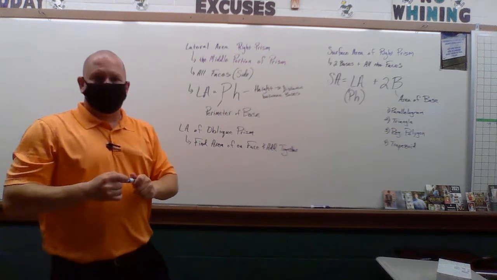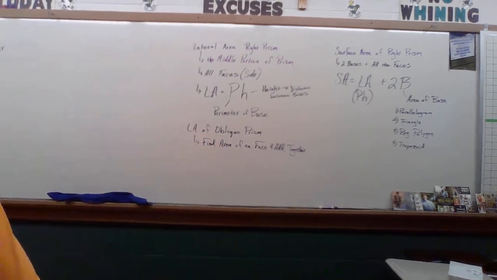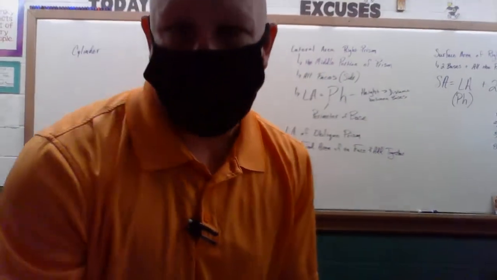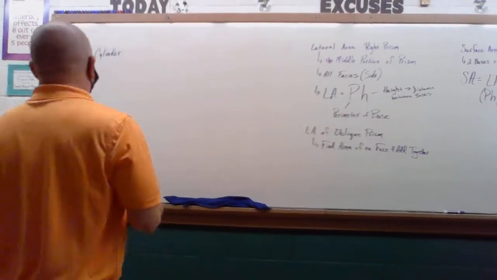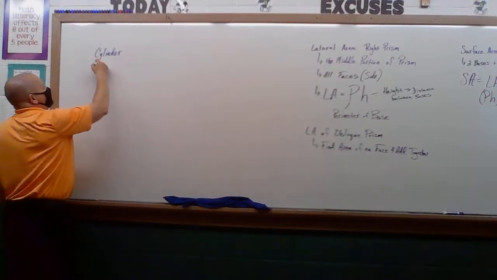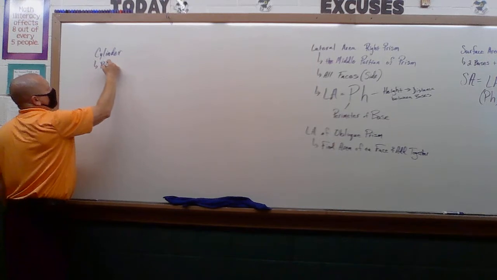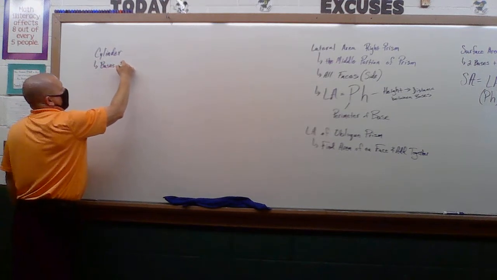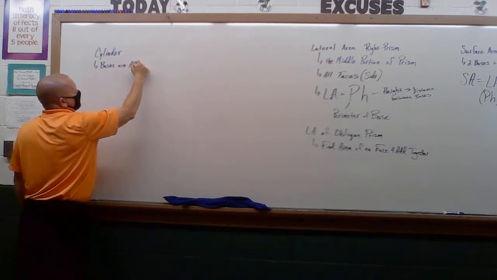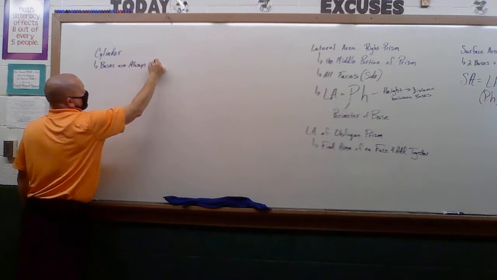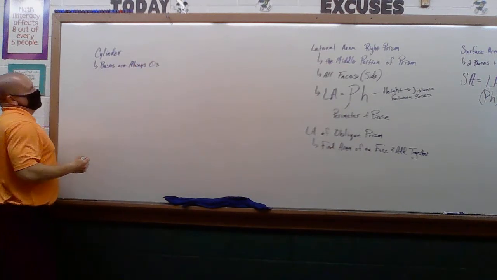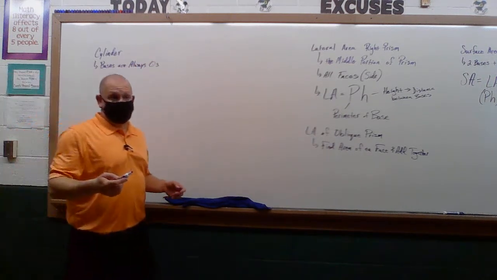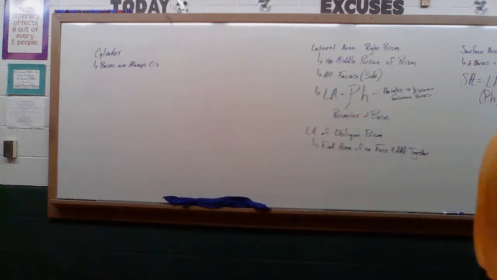And the only difference really between a cylinder and a prism is that in a cylinder, the bases are always circles, so they don't have any straight lines in them. All right? But essentially, it's pretty much the exact same thing.